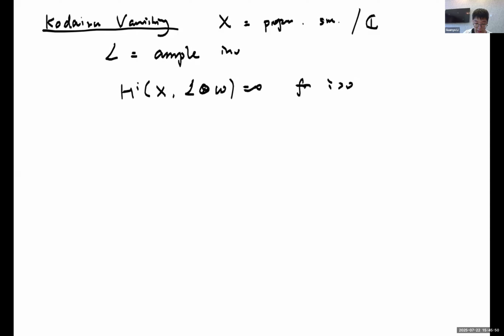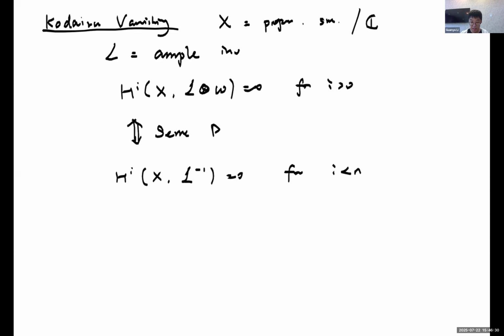Now, using Serre duality, you have a common thing saying that the higher cohomology of the dual sheaf of your ample invertible sheaf is equal to 0 for i less than n.